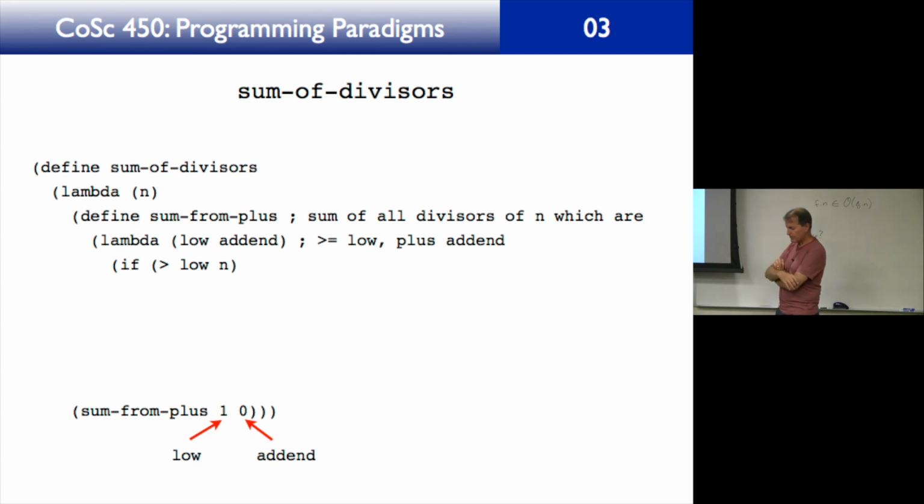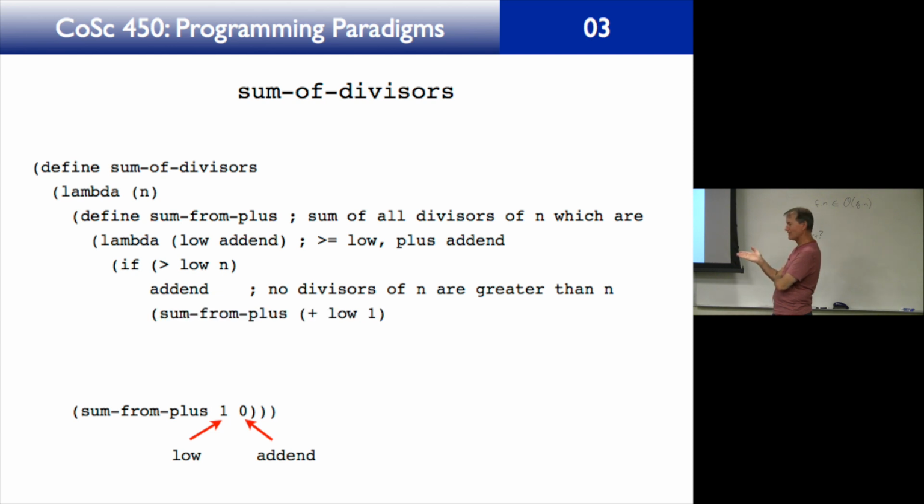So we don't need an if on this line. It's sum from plus because we know that the first parameter is going to be one more, because that's the low. So we're going to call it recursively with low being low plus 1. And now's where we need the if.